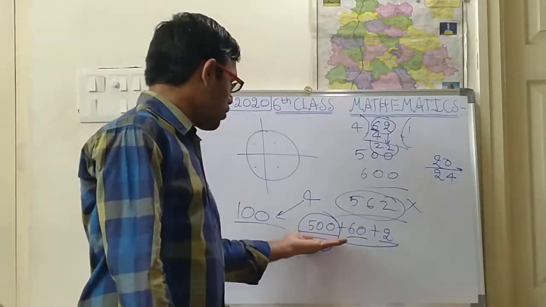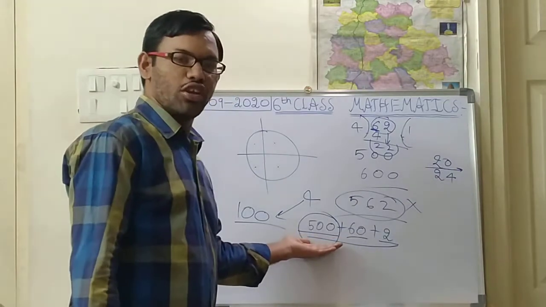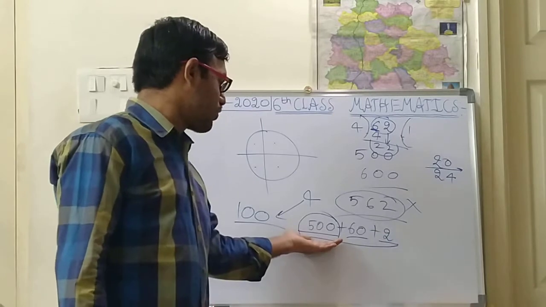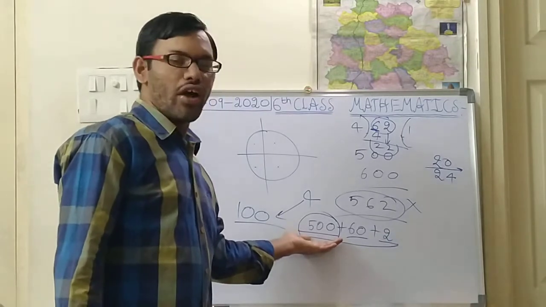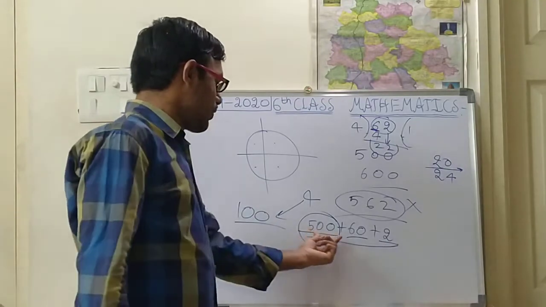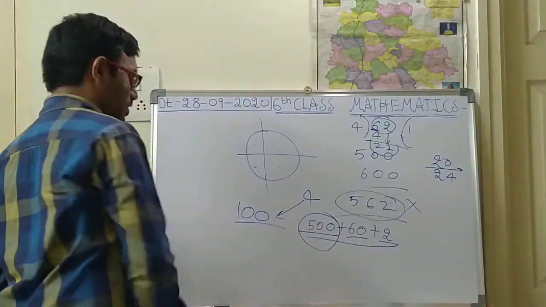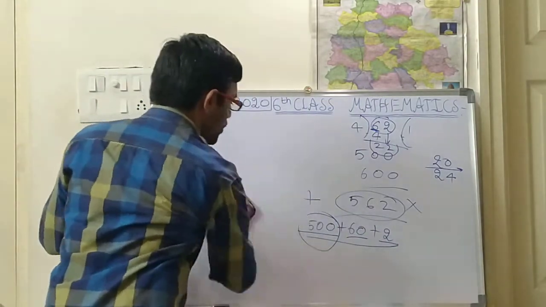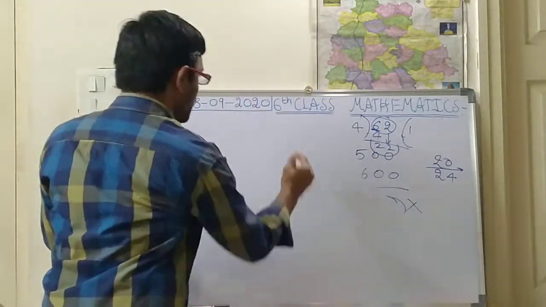So up to the expansion of 100, you are very much perfect. Up to 500, every multiple of 100 is divisible by 4. After 100, what will the places be?